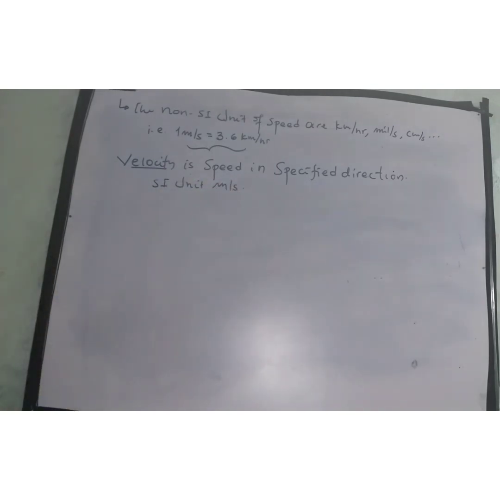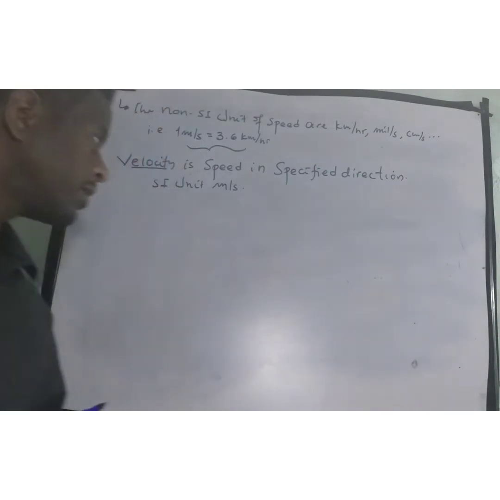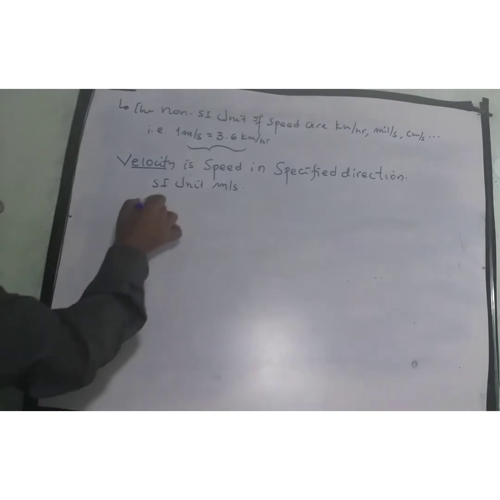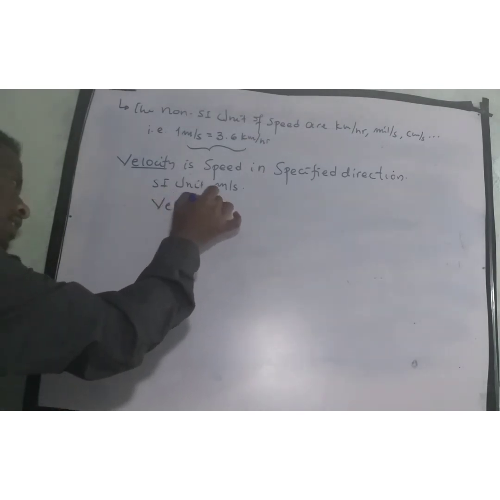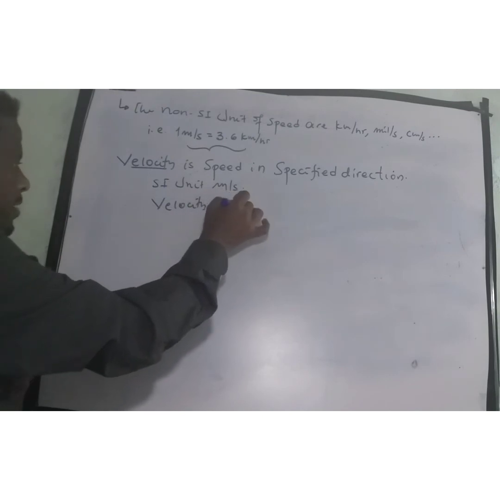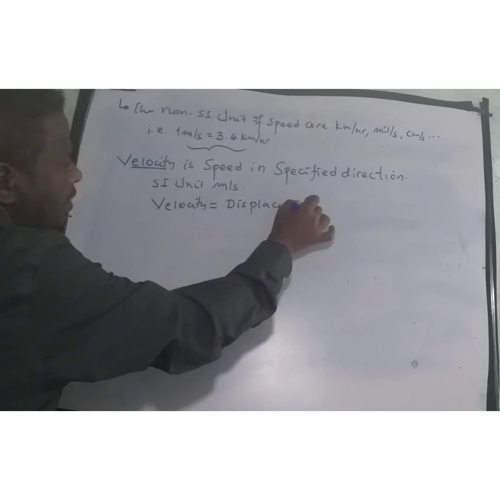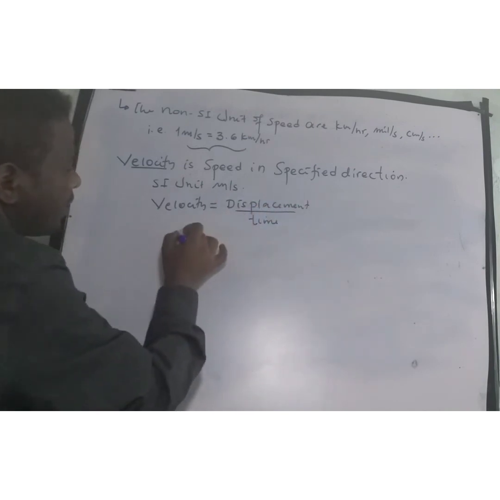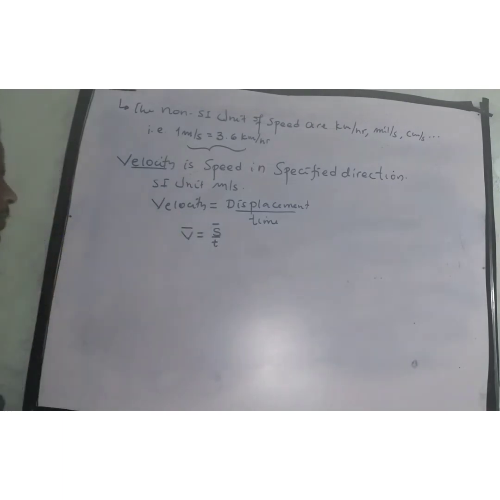Both speed and velocity have a magnitude. Therefore, velocity mathematically equals displacement over time t. Therefore, velocity v equals displacement over time.